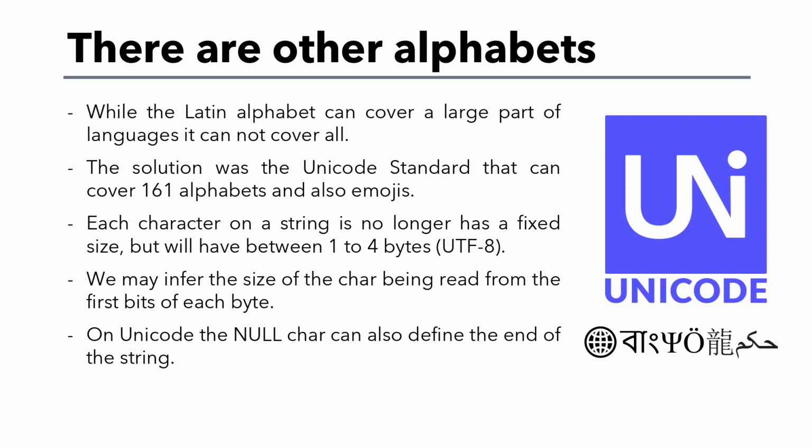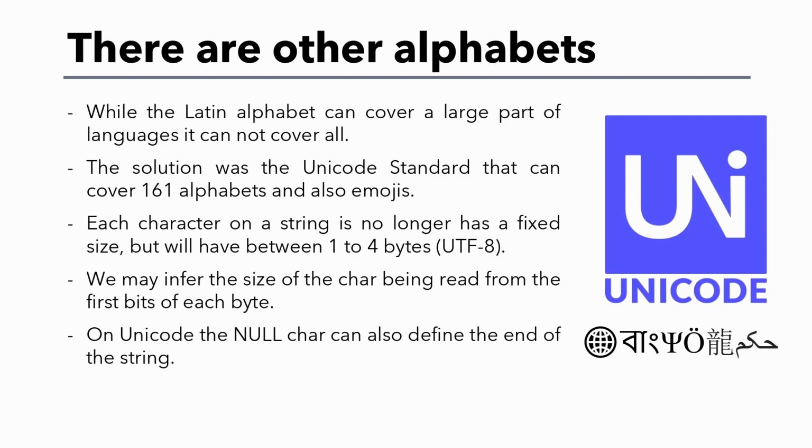This is now encoded into a variable size char that can take 1 to 4 bytes in UTF-8. There is also a fixed length version called UTF-32, but it's not as common because it takes more storage space. For UTF-8, the number of bytes of the char is encoded on the first bits of each byte. On Unicode, it's also common to use the null char to define the end of the string.